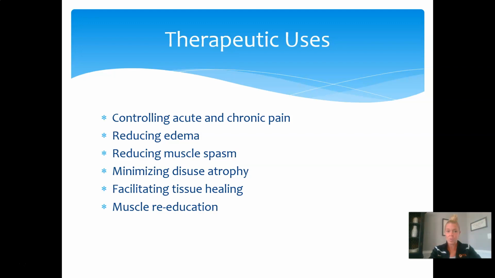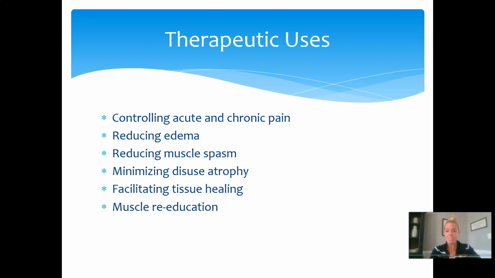One is pain control, so controlling acute and chronic pain. Reducing muscle spasm would fall under that category as well, because typically if people have muscle spasms, they're going to have pain associated with that as well. Another major treatment area is edema control, so reducing edema in order to allow healing to occur.